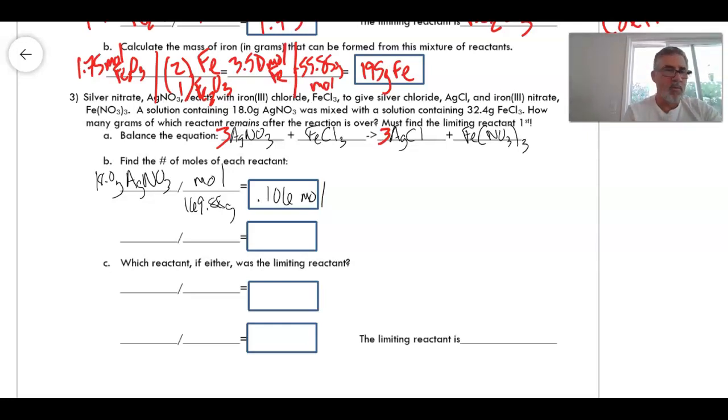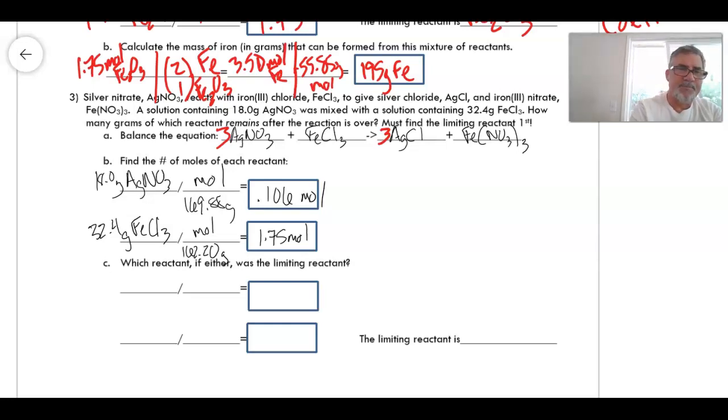I get 0.106 moles. Over here I have 32.4 grams of iron 3 chloride. And the molar mass of that was 162.20 grams. And then multiply that out, I get 0.199 moles.